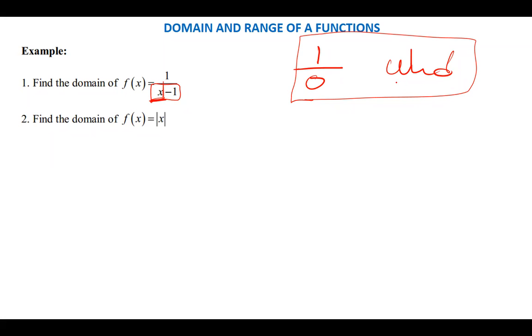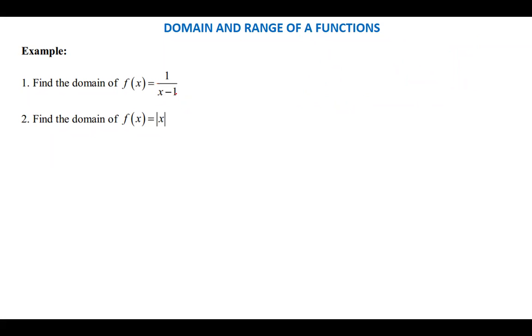So what we are going to do is equate the denominator to 0. In other words, we don't want the denominator to be 0. So we're going to say x minus 1 should not be equal to 0.